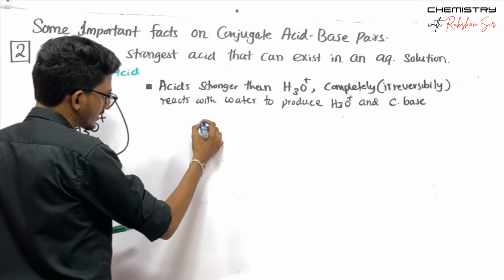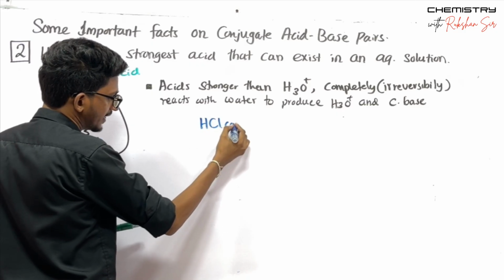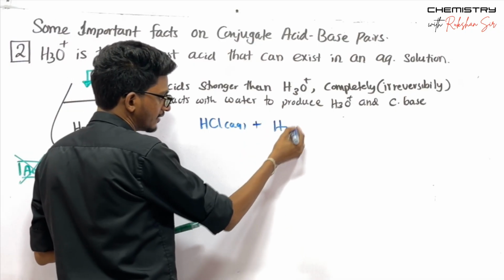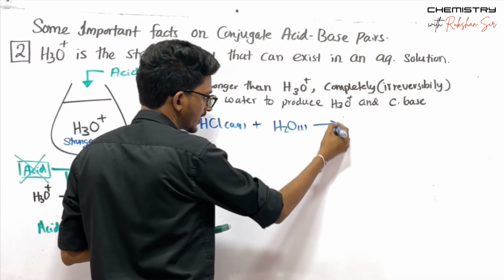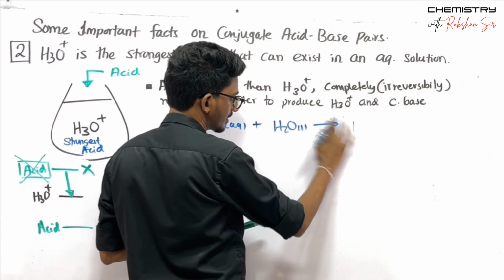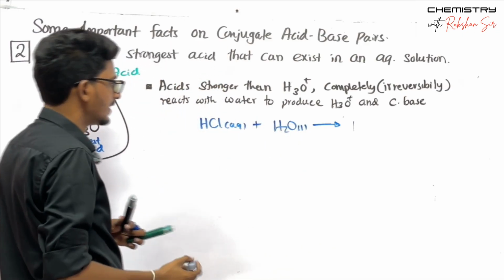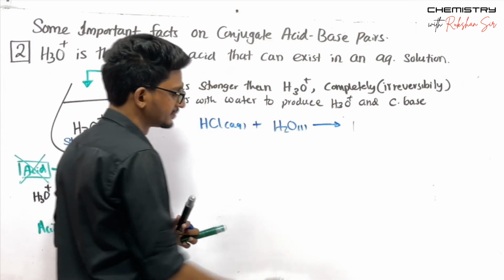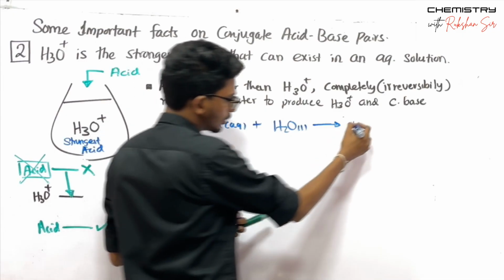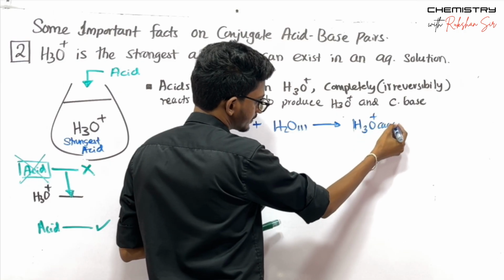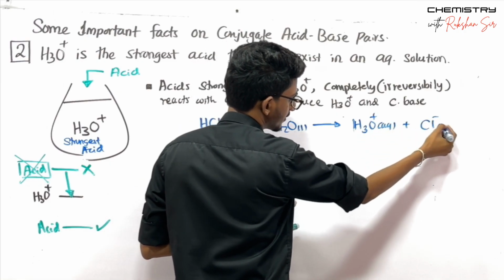Take HCl, for example. That is why we write the HCl hydrolysis reaction with a straight arrow. A straight arrow means it reacts completely: the limiting reagent completely reacts to produce H3O+ and the conjugate base.